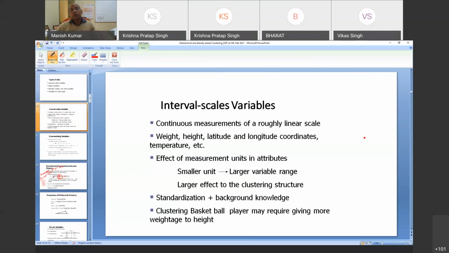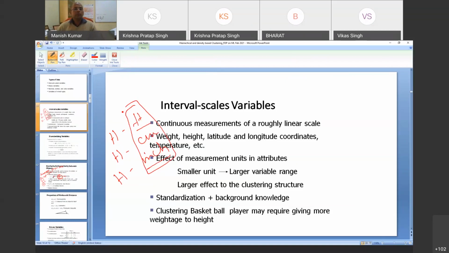Similarly, the unit also matters. For height, I might use feet, or centimeters, or inches. When you use a smaller unit, there will be a larger variable range, and if a larger unit is used, there will be a smaller variable range.